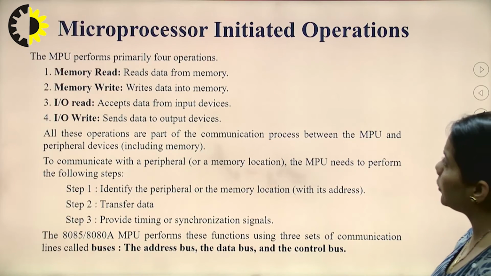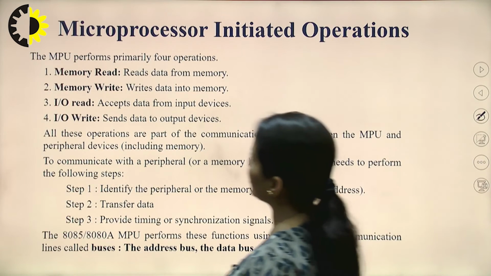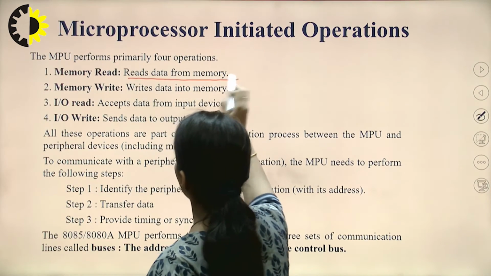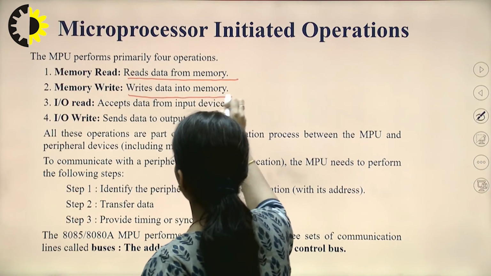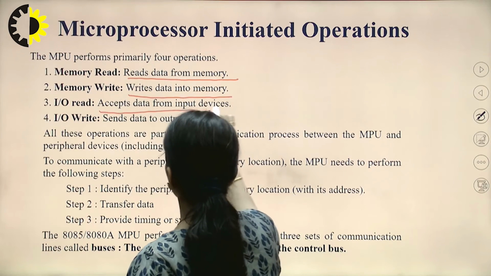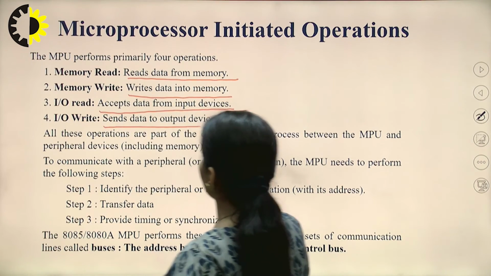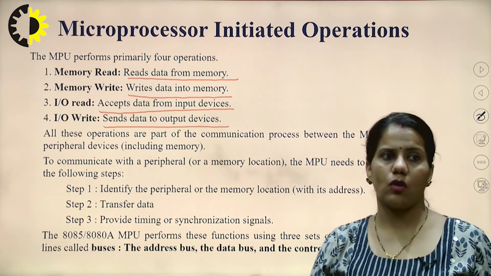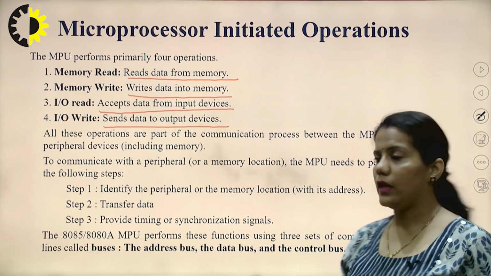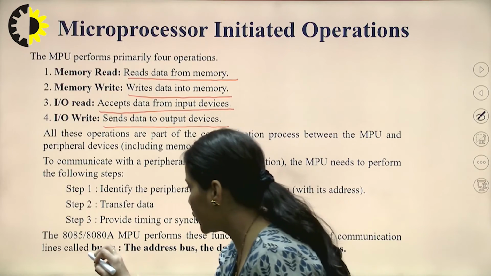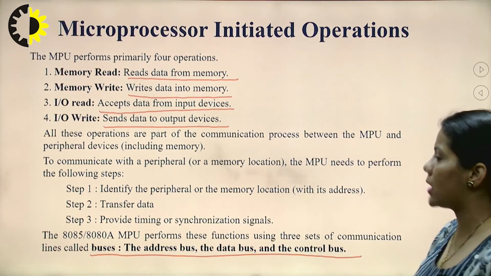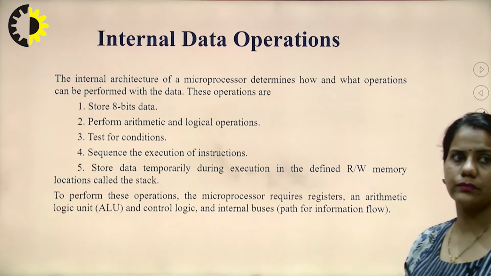When we talk about the microprocessor initiated operations, it basically performs four functions: reads data from the memory, writes data into the memory, accepts data from the input devices, and sends data to the output devices. So, these are the microprocessor initiated operations. And for performing these operations, the buses required are the three buses: address, data, and control bus.